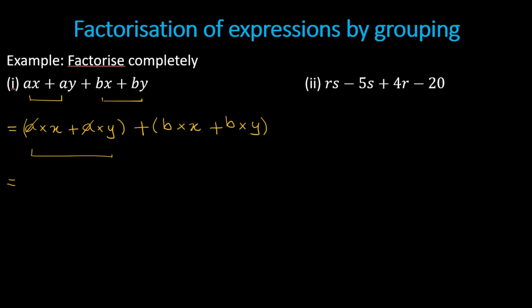So the letter A is the common factor, right? Since it is common, you already know the letter A has to be outside a pair of brackets. All common factors, they have to be outside.